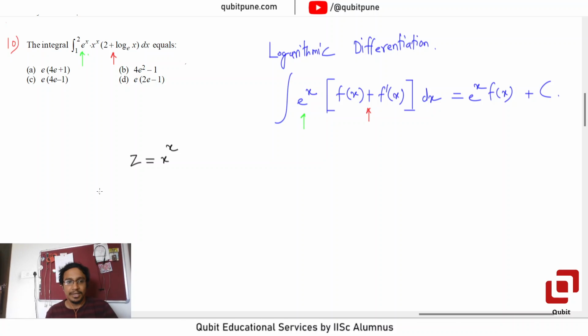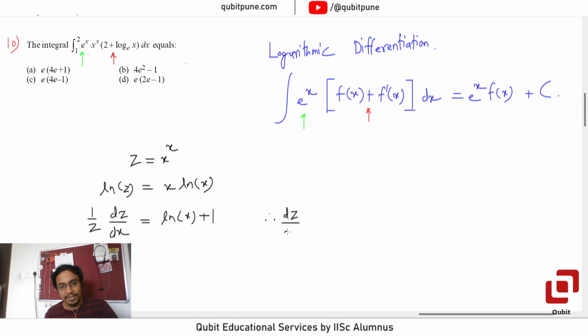So we now go for differentiating x raised to x and see if we can accommodate it inside. Okay, take log, take derivative. We want dz by dx, remember, bring z there: x raised to x into ln x plus 1. So we have got our answer now, as in we have got what we want.